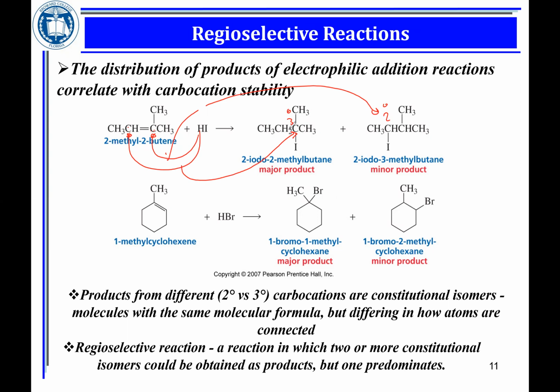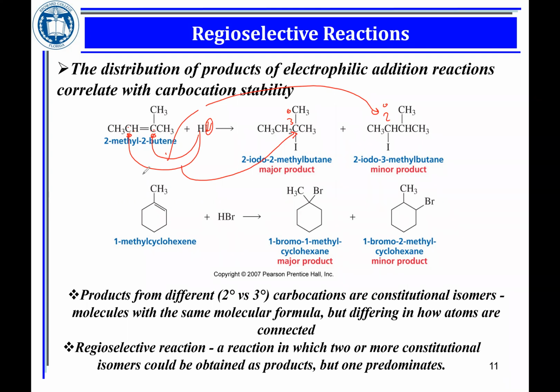So the major product looks to be the one where hydrogen is attached to the carbon that has more hydrogen, and iodine, the nucleophile, attaches to the carbon that is more substituted, with the least number of hydrogen.